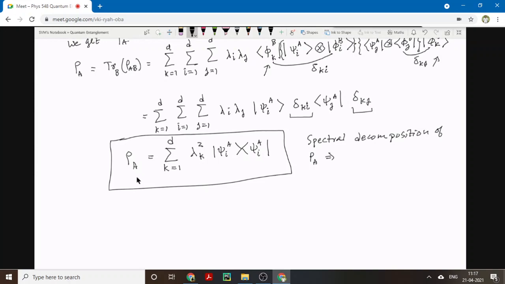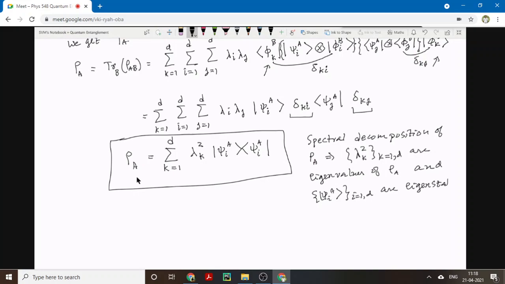That means lambda K square, K is equal to 1 to D, are eigenvalues of rho A, and this one, psi I A, I is equal to 1 to D, are eigenstates of rho A.